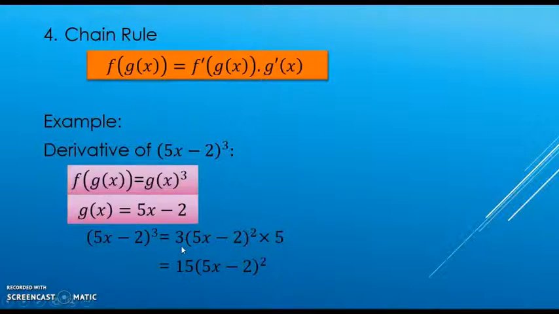For the solution, first we differentiate the outside function, so we get 3 times the inside function, which is 5x minus 2, to the power of 2, and multiply by the derivative of the inside function, which is 5. The answer we get is 15 times 5 times x minus 2 power of 2. So here is the answer.